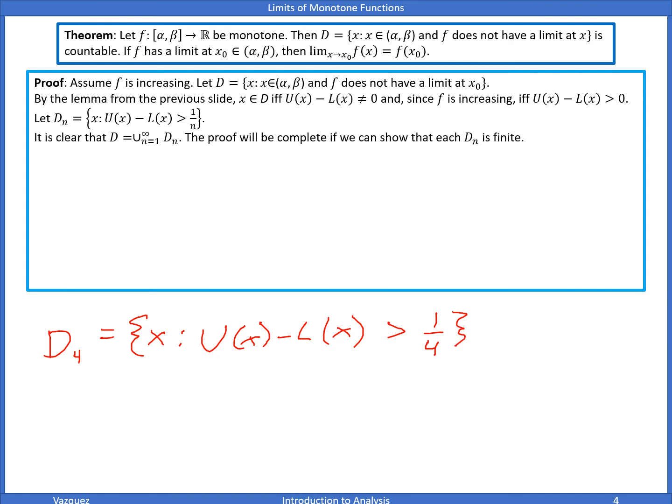Right, so for example, if we had an x where there's a jump, I'm going to draw a function here. Let's say at this point down here, x, the difference between u of x and L of x, this distance here, is greater, not less than, greater than 1/4.